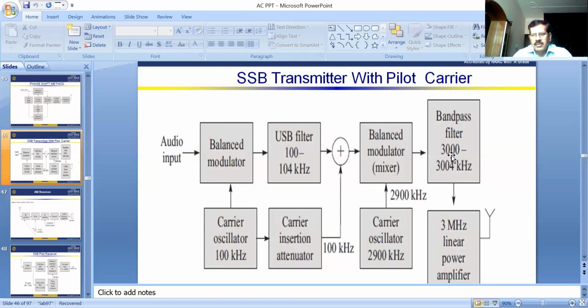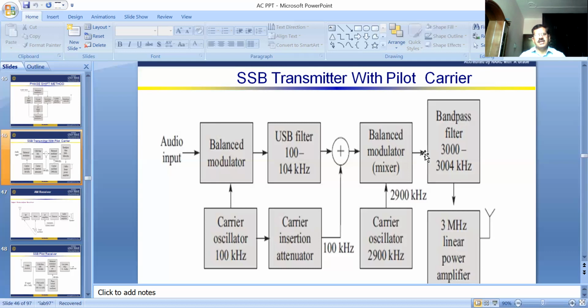From this band pass filter the signal is applied to the linear power amplifier, which operates at a very high frequency of 3 megahertz. This linear power amplifier provides linearity and increases the strength of the signal, and then the signal is transmitted in free space with the help of the antenna.